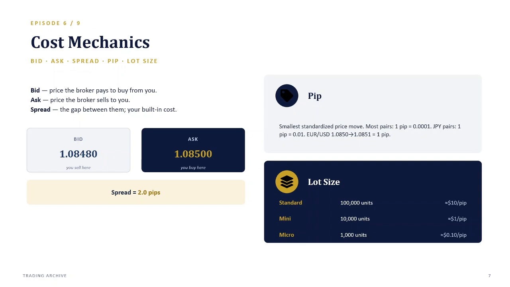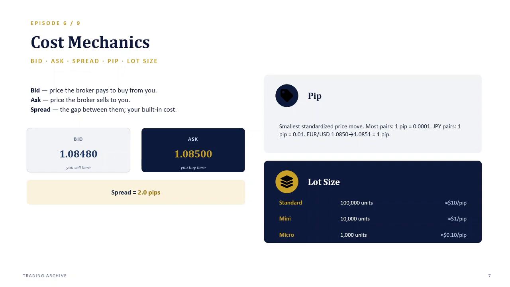So, what is the lot size? A lot size is the size of your position, the size of your buy or your sell. We have a standard, a mini, and a micro. A standard is 100,000 units, which is equivalent to one lot.